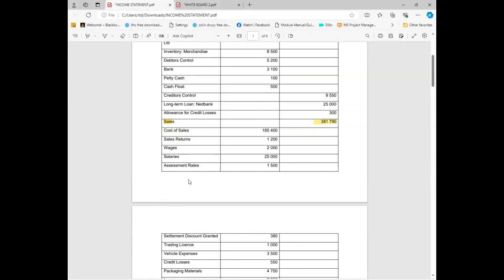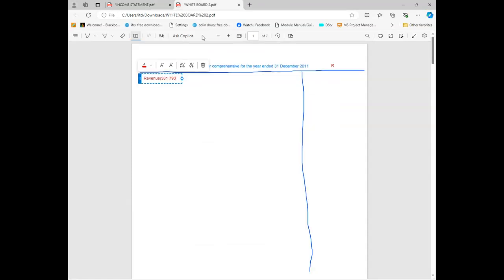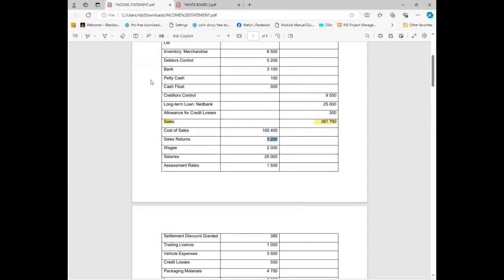What next do you see based on our revenue formula? Sales returns. Sales returns here, it's 1.2. I'm going to go there and say minus, just like that, 1.2. Let's highlight.